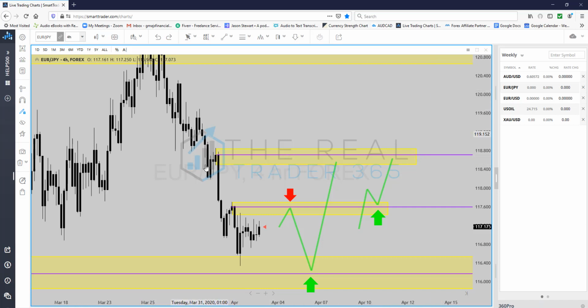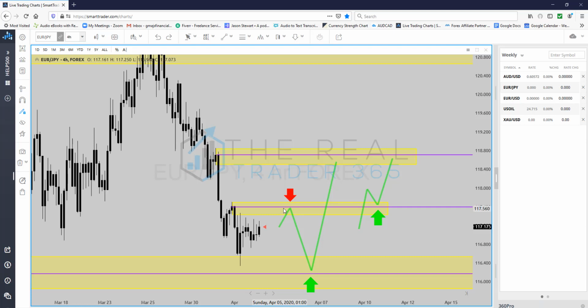Alright, but for now we are making lower lows, so that's something I want to point out, lower lows and lower highs. So be mindful of us buying. Also, selling here, remember our long-term bias is bullish. So selling here right now is trading against the long-term trend, but you are trading with momentum if you are selling here as well.